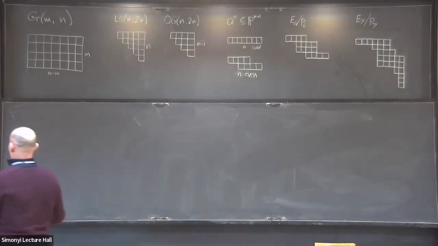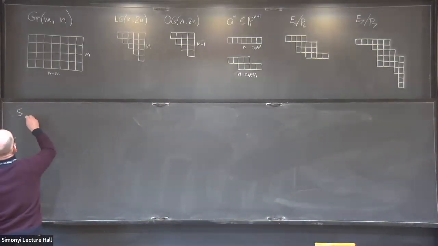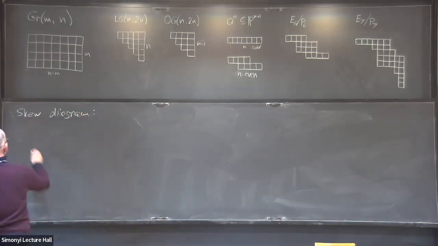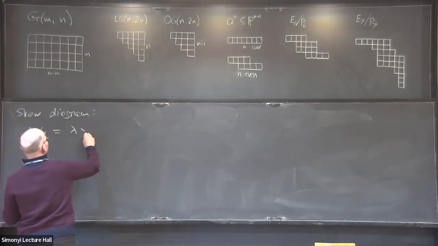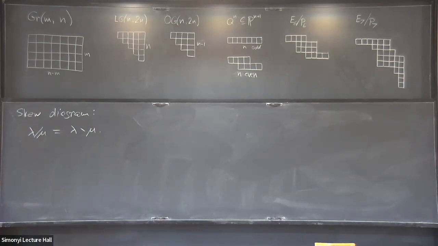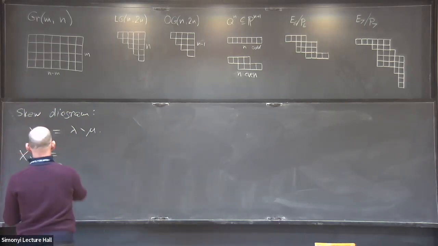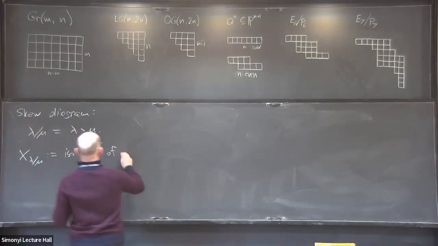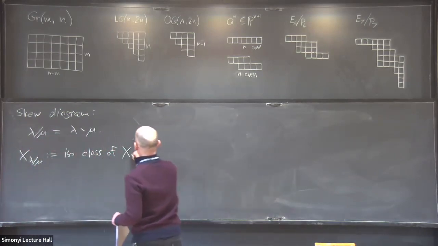So that means that Richardson varieties will be given by skew diagrams. I'll use the notation lambda/mu to mean the boxes in lambda that are not in mu. And I'll use the notation X_lambda/mu for the isomorphism class of the corresponding Richardson variety.